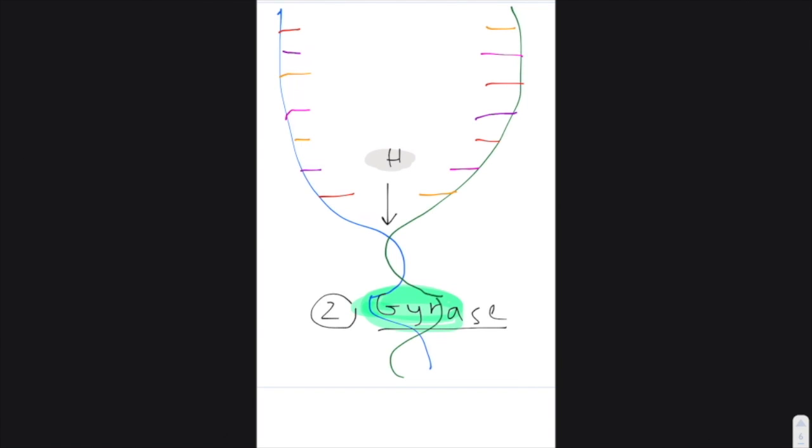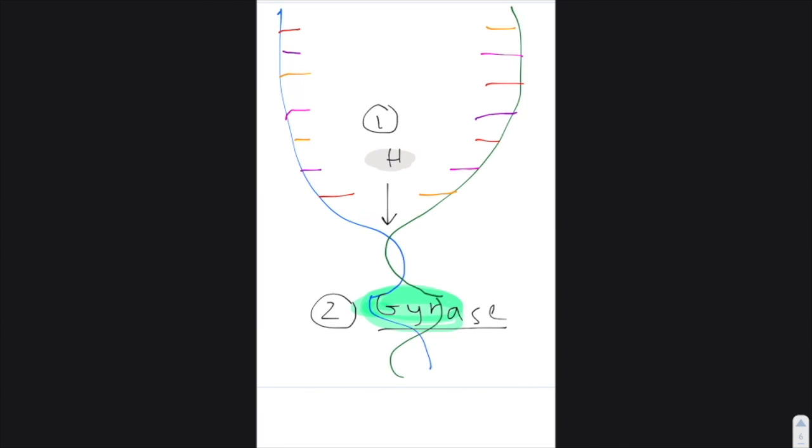So that would be step 2. Gyrase, making sure that there's no supercoiling of the DNA, that the DNA is not becoming overwound, because we're trying to keep it separate. Okay, so step 1, helicase unzipping it. And step 2, gyrase, preventing the supercoiling of the DNA.